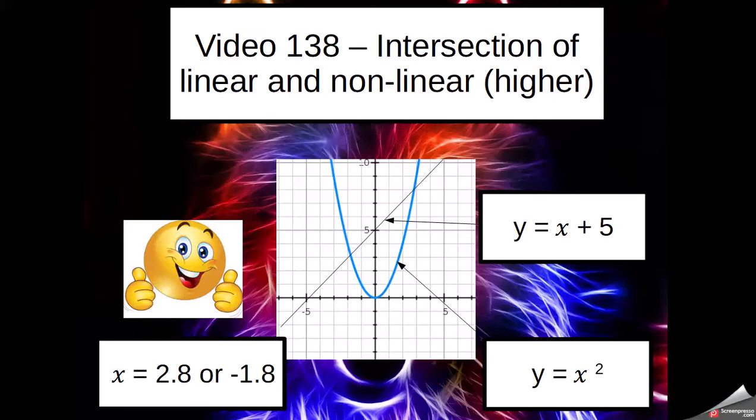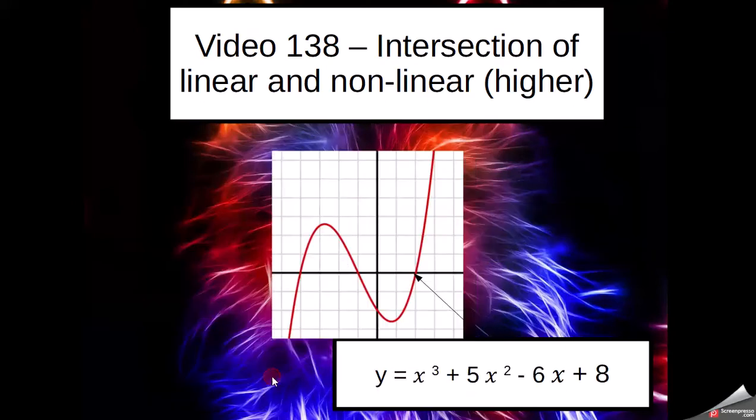Again, an approximation, it's been rounded. So that shows how for the x values of 2.8 and minus 1.8, y is identical in those two equations. So intersecting a linear and non-linear allows us to work out all the solutions for the equations that are identical between the two.